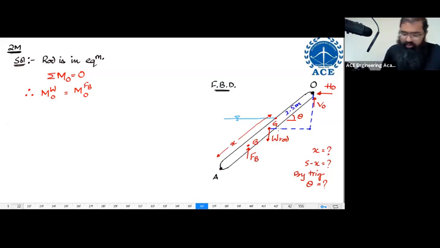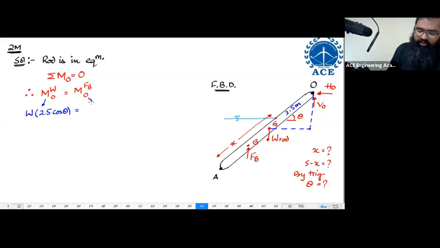So this value is equal to W multiplied by 2.5 cos theta, because the horizontal component, if you have 2.5 and theta over here, will be 2.5 cos theta.